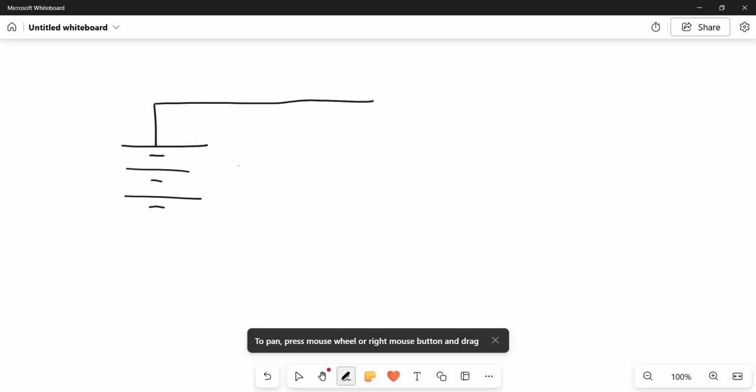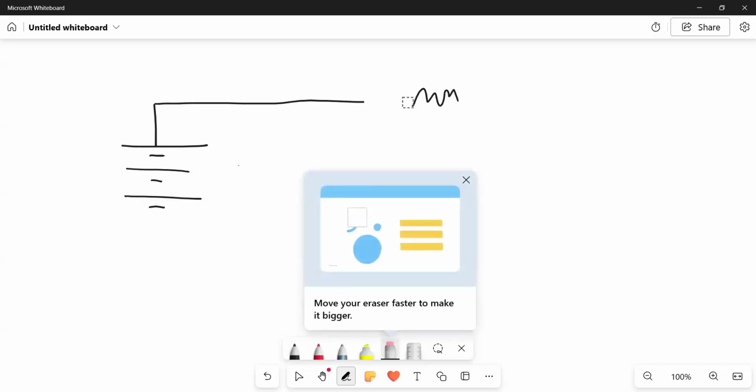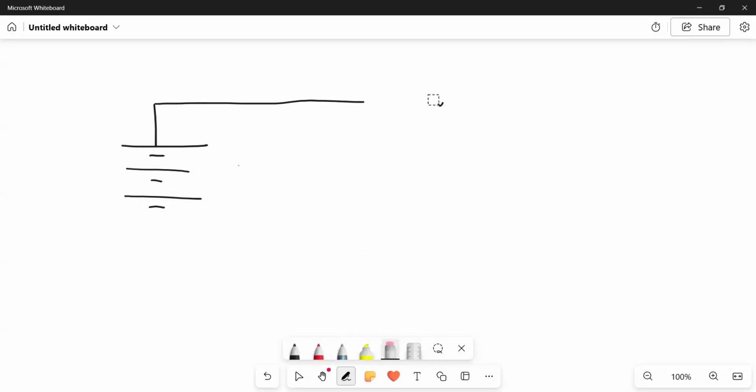Let's say it goes through a resistor there. Actually, let me not put in a resistor, because I don't want you to confuse it. Let me probably put a bulb back. So we have a little bulb here again.